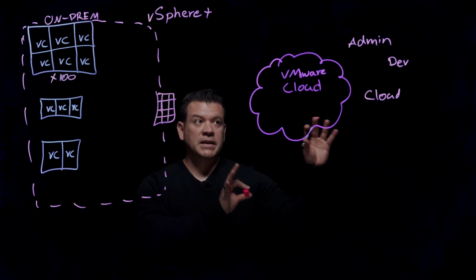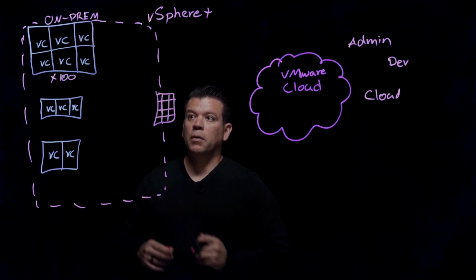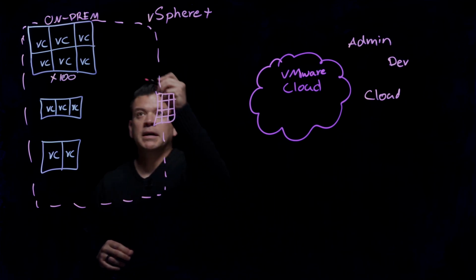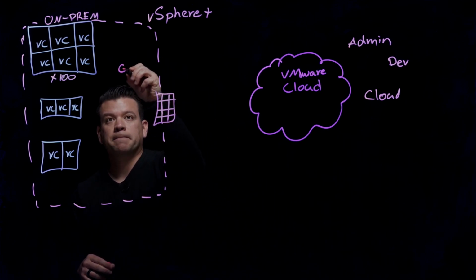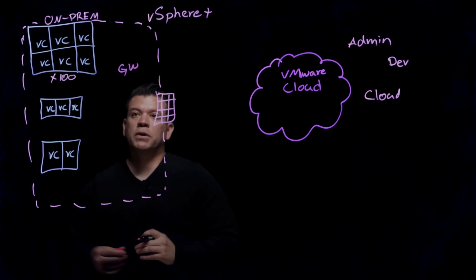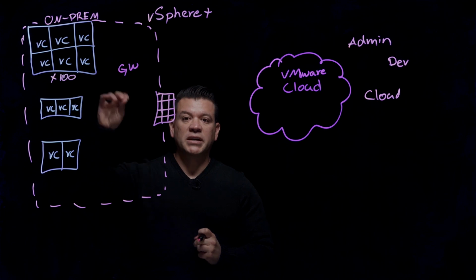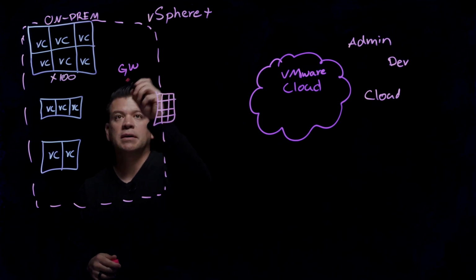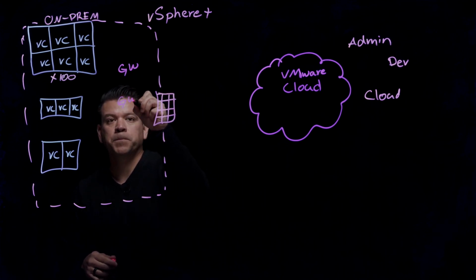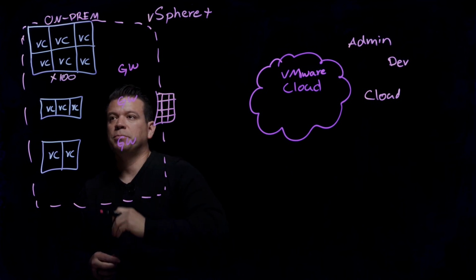So vSphere Plus is giving you those additional features to on-prem environments. And the next step is to deploy gateway appliances. In this case, we architect it in a way that we can connect maybe each site or different sites to several gateways, just for distribution purposes.